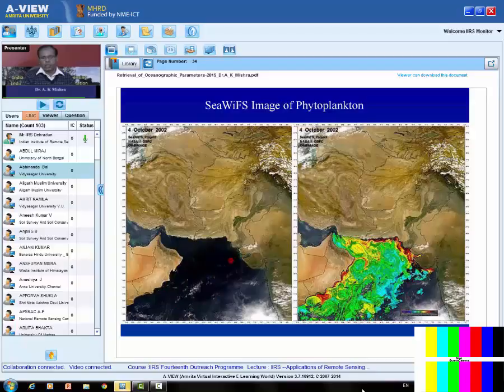You are seeing almost nothing here, but after doing atmospheric correction, applying the chlorophyll retrieval algorithm and pseudo color coding, you are seeing the fine scale small meanders and small eddies, etc. And the red patches, what you are seeing here, are the high concentration of chlorophyll along the coast. It is due to availability of high nutrients in the coastal region compared to the open ocean area.